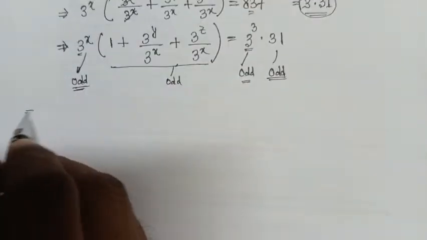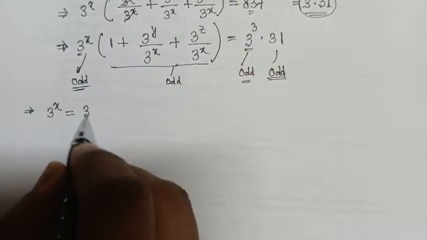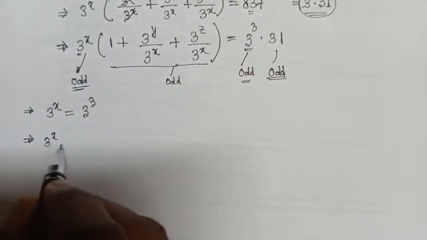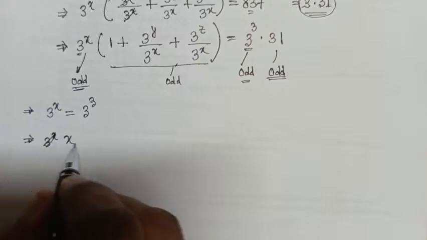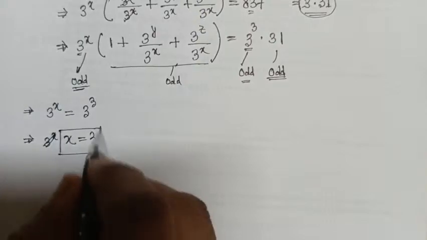We can write 3 to the power x is equal to 3 to the power 3, and we get x is equal to 3, as the base is the same, 3.